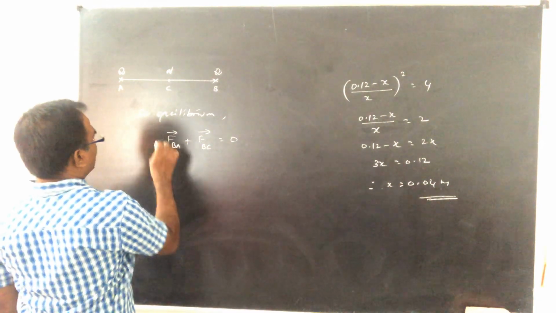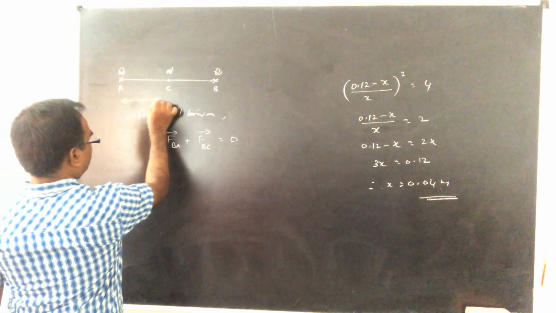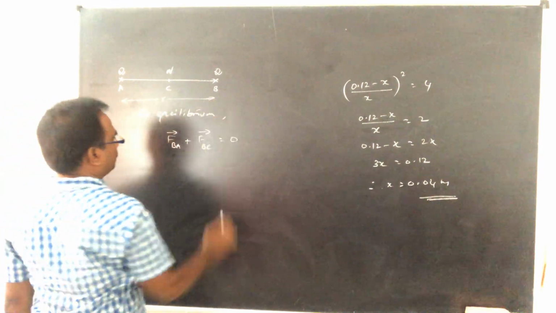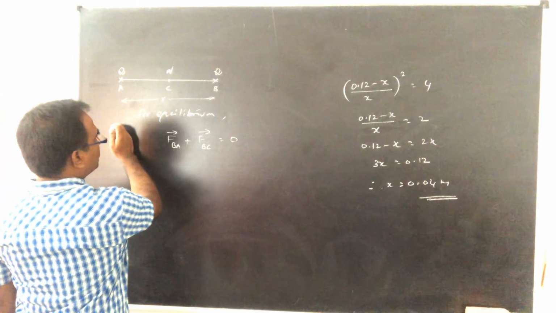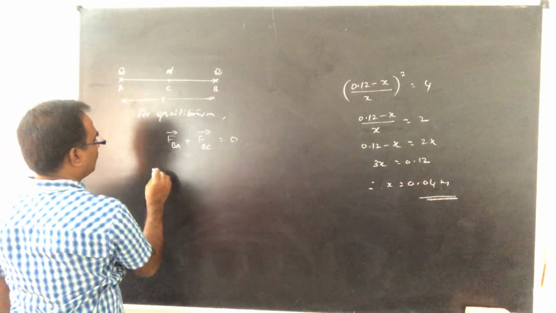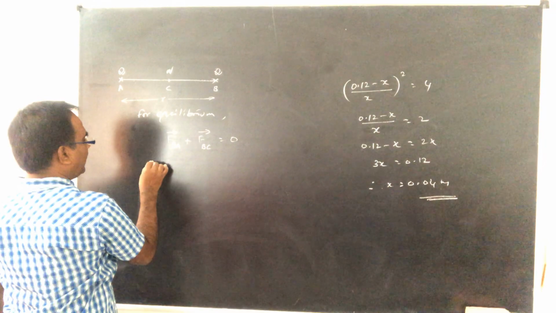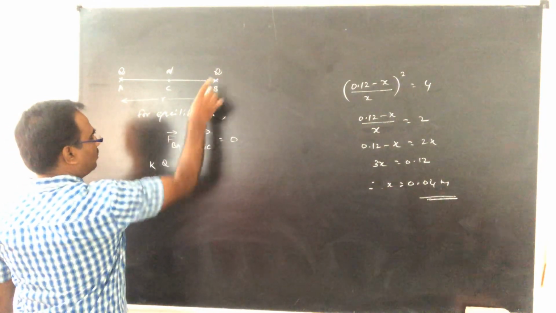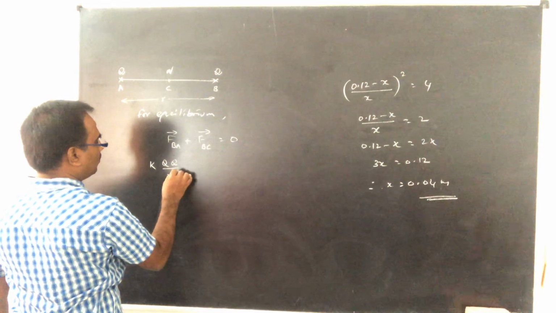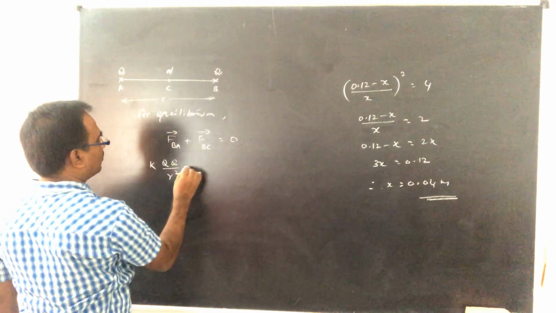So you consider this distance to be R. Now what is the magnitude of this force FBA? It is K, this charge is Q, this charge is Q, the distance is R square.